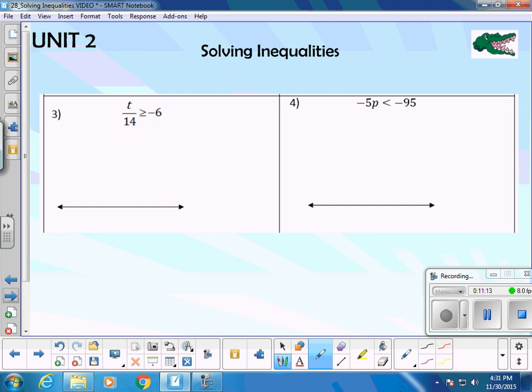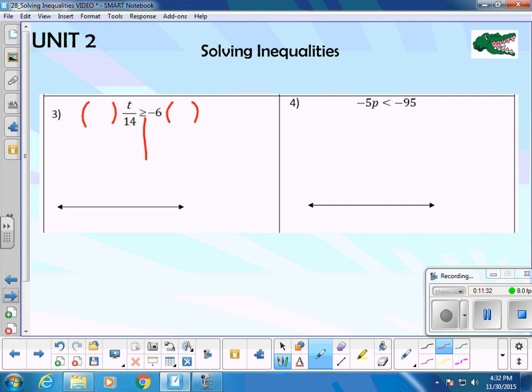All right, so let's look at our next two examples. So in this one, we have t is being divided by 14. So again, I'm just going to divide both sides of my equation. To undo division, I'm going to multiply, and we use these parentheses to show multiplication.